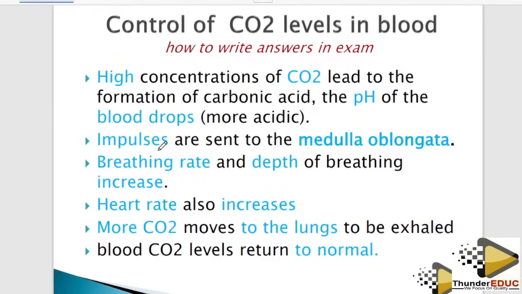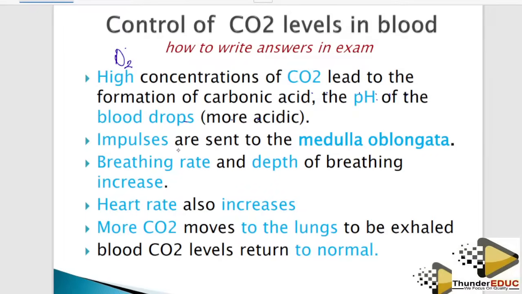So when the person is running faster, it means that more oxygen is being used, meaning that respiration is taking place, meaning that more carbon dioxide is being produced. If there is more carbon dioxide being produced, there will be more carbonic acid being formed, and the pH of the blood will drop.